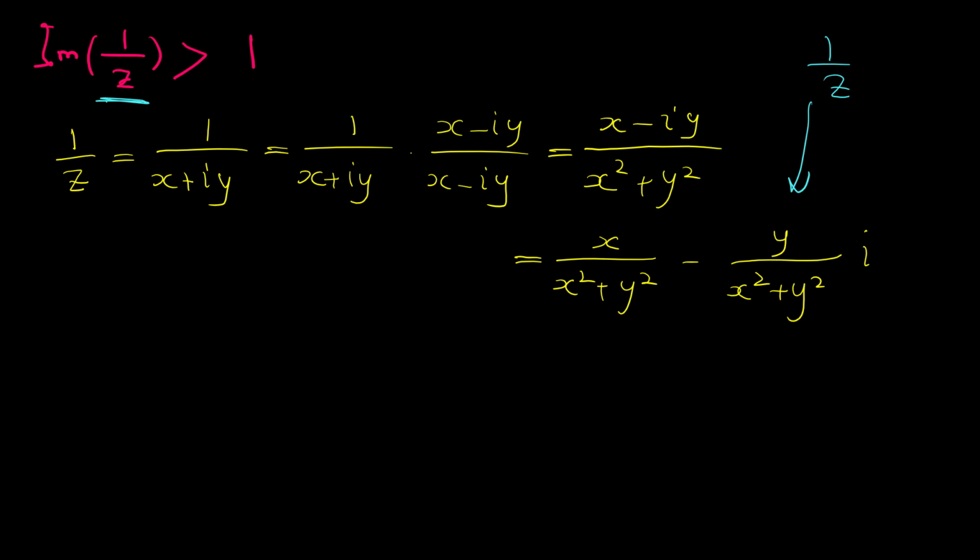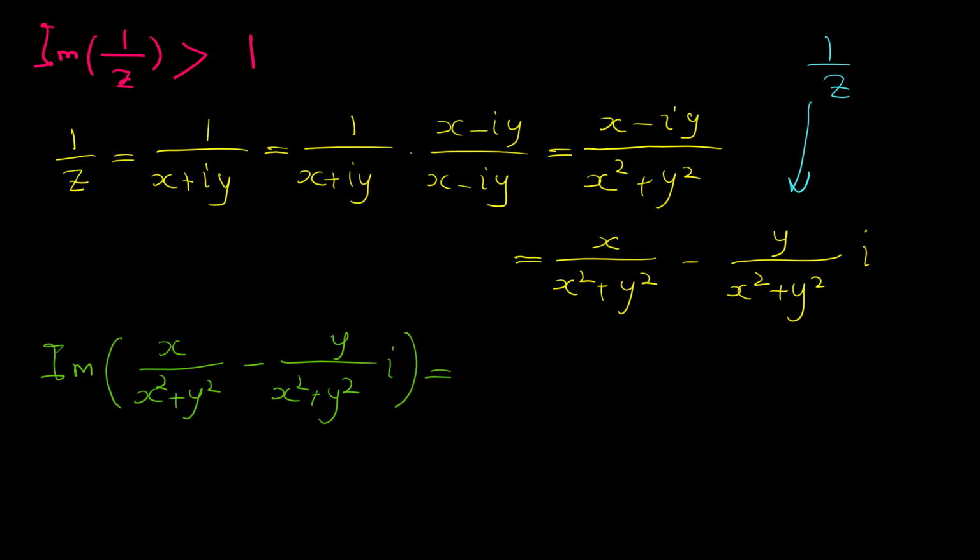So immediately we say the imaginary part of x over x squared plus y squared minus y over x squared plus y squared i is basically negative y over x squared plus y squared. And we want this to be greater than 1. Now we have to work on this.